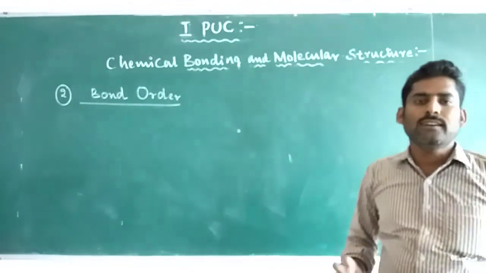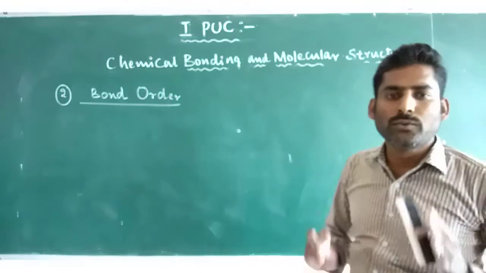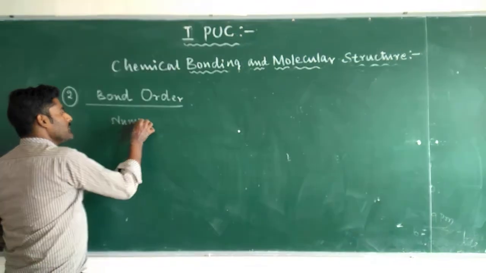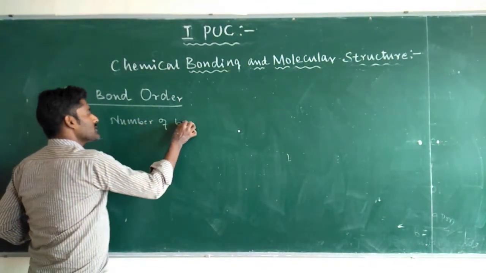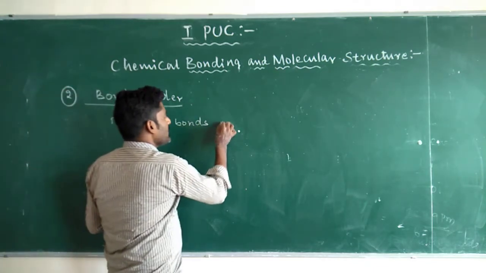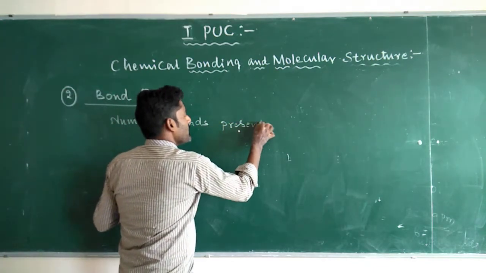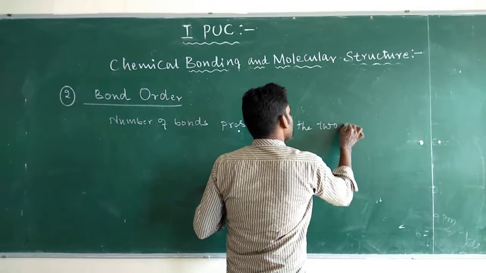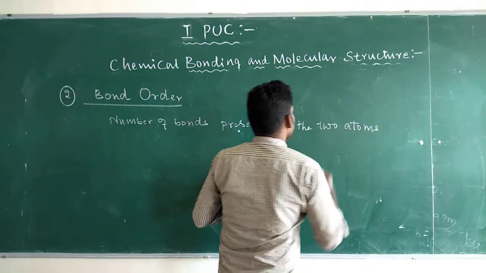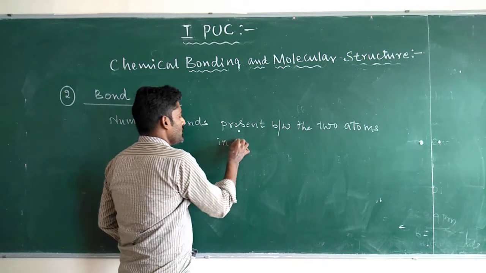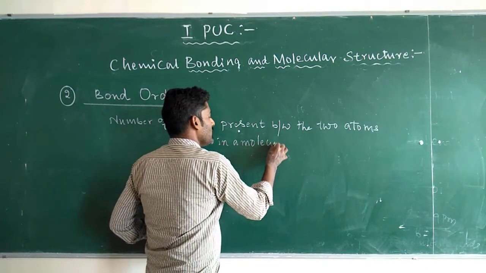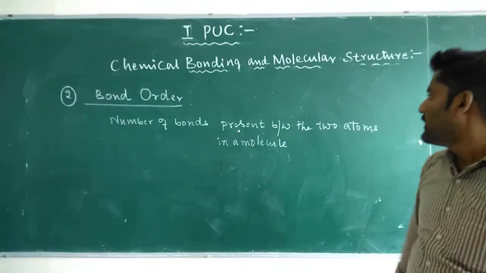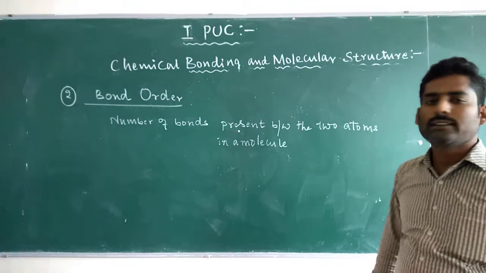Bond order indicates the number of bonds present between the two atoms in a molecule.